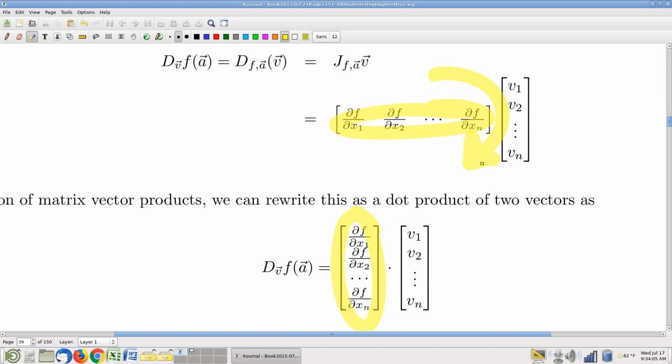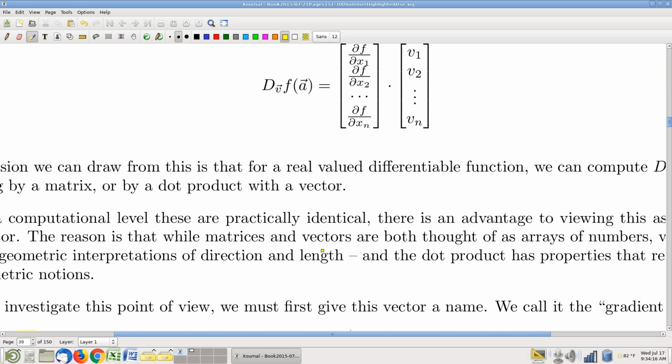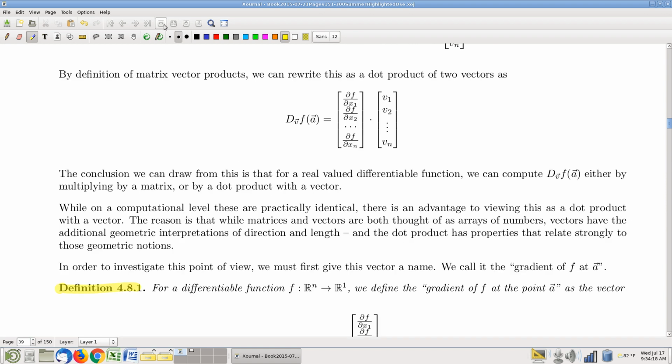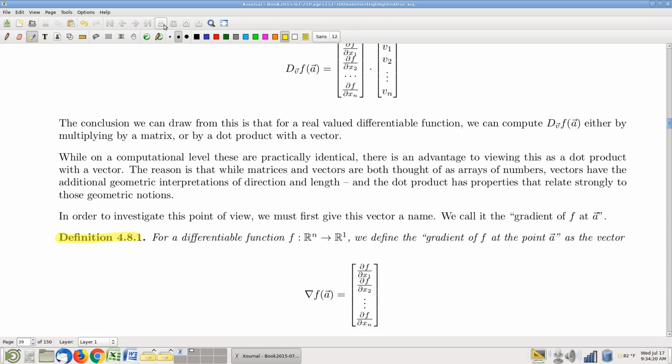Turn your head like that kind of a deal. Okay. All right. Turns out this is geometrically natural. Okay, so this is worth having a name and a notation. So this vector, this thing whose dot products give you directional derivatives, we're going to call it the gradient of the function.